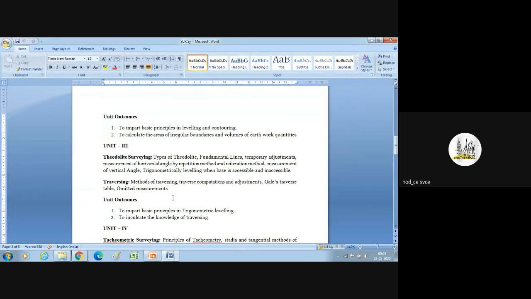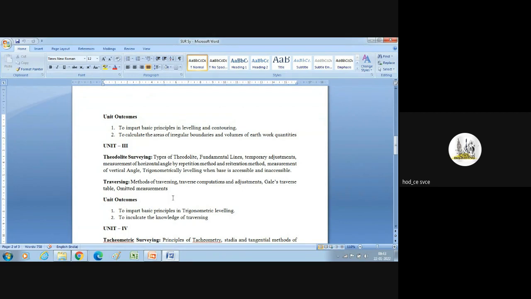So what we are doing here is we need to adjust again according to our surface area. As you know, our land surface is not the same, right? For that purpose, temporary adjustments are done for the level condition.